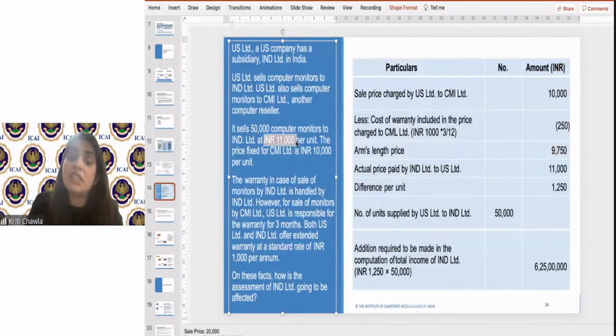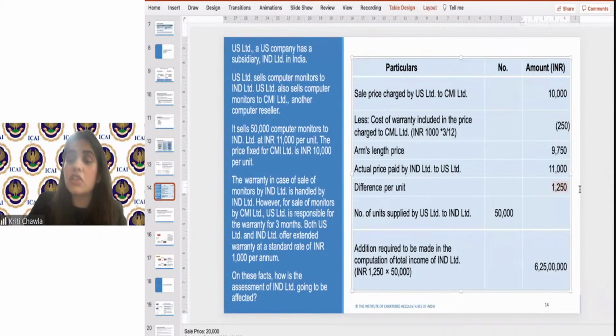But they were charging the related party 11,000 rupees. So the arm's length price was 9,750. You should have charged 9,750, but the problem is that you charged 11,000 rupees. That means the difference per unit is 1,250. When the tax authorities see this, they will add 1,250 so as to make it an arm's length price.